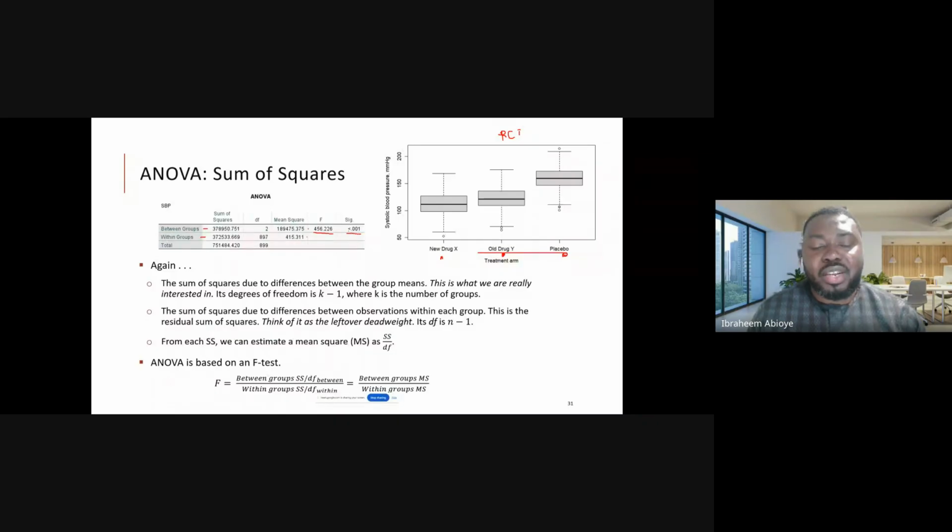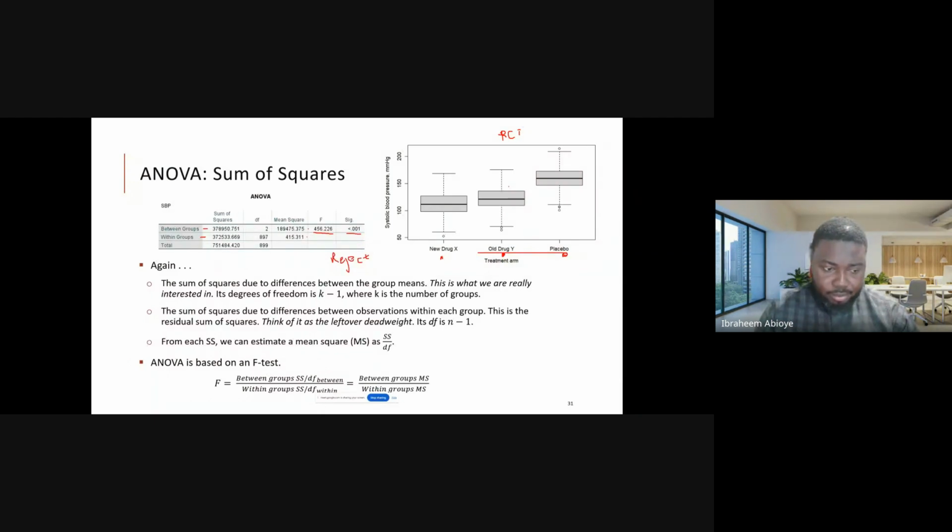Because this p-value is less than 0.001, we will reject the null hypothesis and conclude that the mean systolic blood pressure across these three groups are significantly different from each other.